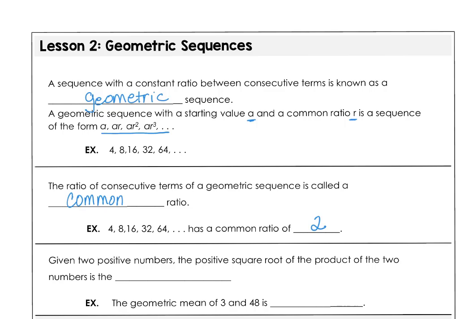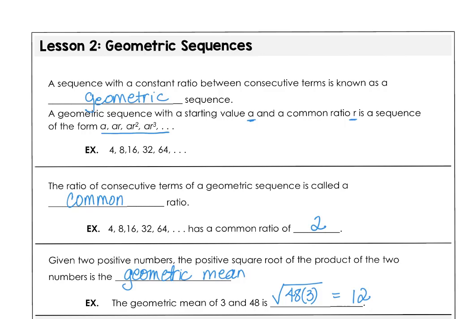When you're given two positive numbers, the positive square root of the product of the numbers is known as the geometric mean. The geometric mean for 3 and 48 would be the square root of 3 times 48, so the positive square root of the product of 3 times 48 is the square root of 144, and that gives us the geometric mean of 12.